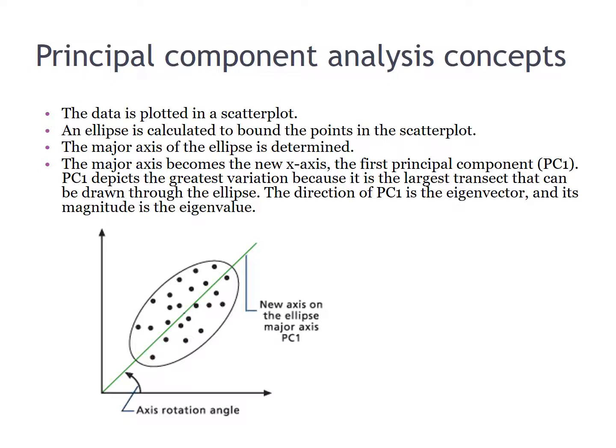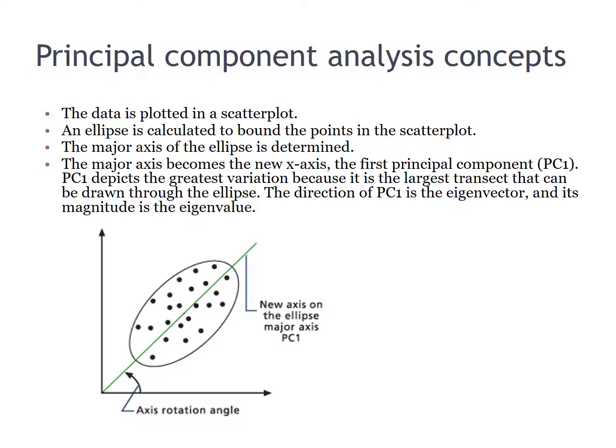Now, I'm sure at this point we all understand this perfectly, right? Well, let's see if we can draw this out a tick with some illustrations. Maybe it'll make a little more sense. We've got a bunch of data, plotted in a scatter plot. An ellipse is calculated to bound the points in the scatter plot, and the major axis is determined.